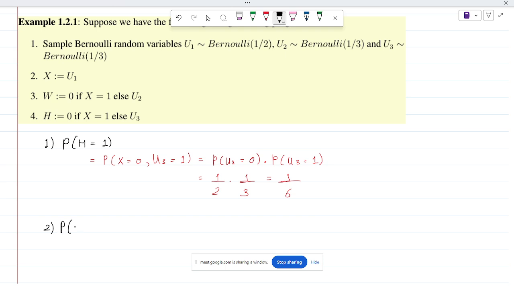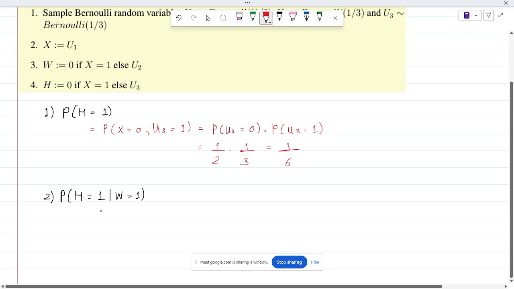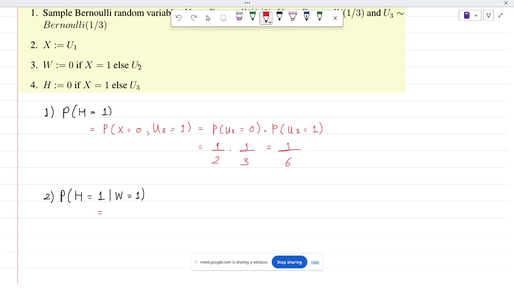So now suppose you have to find the probability that H equals 1 given that W is 1. This is the next value that we found importantly. So let's see what we can do over here. Now your data generating algorithm has been changed.